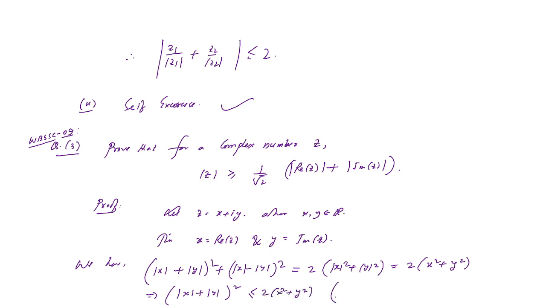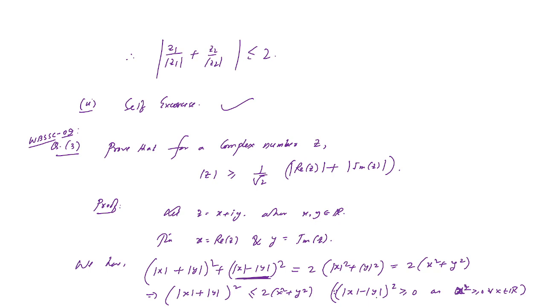Why? Because the second quantity is a square quantity, so a square quantity is always greater than or equal to 0. (Mod x minus mod y) whole square is always greater than or equal to 0. Since, as we already know, some quantity whole square is a real number square, x square is greater than or equal to 0 for all x belonging to the real numbers.